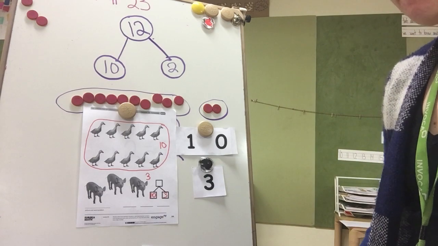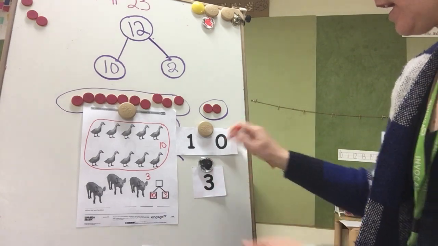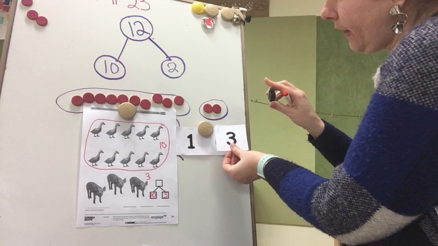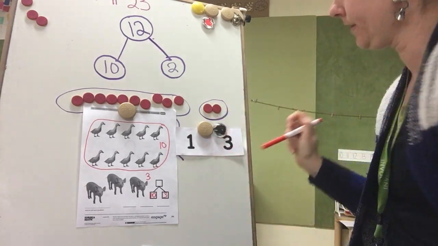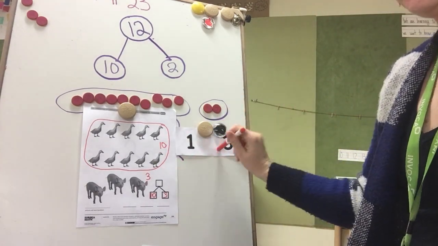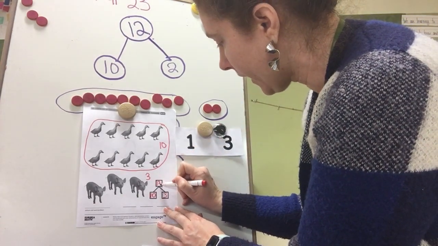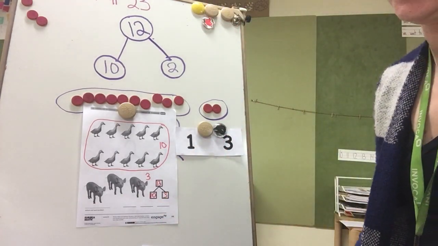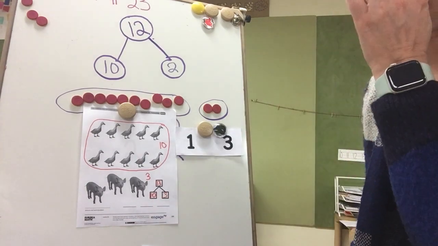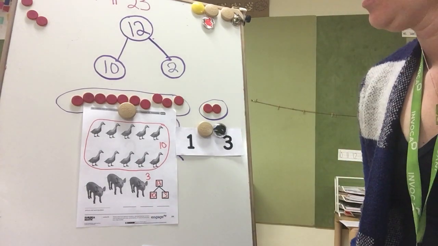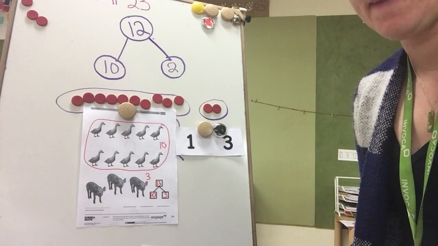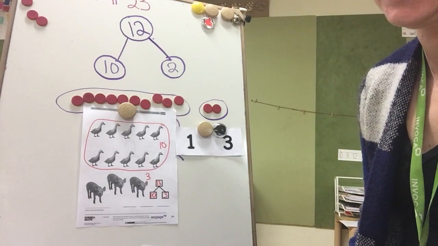Now, remember, the 3 pigs hides the 0 in 10. 10, 3 is 13. So now I know the total and can write it in the box. 13. So now that I wrote my number bond, I can write my math sentence, my number sentence.